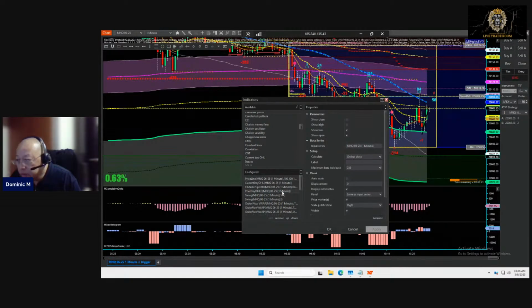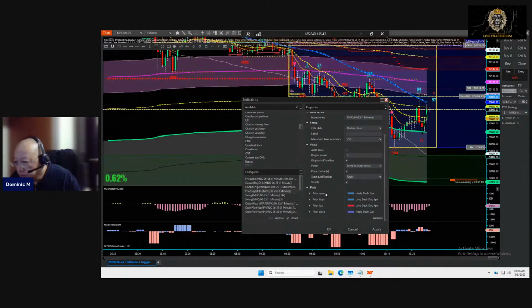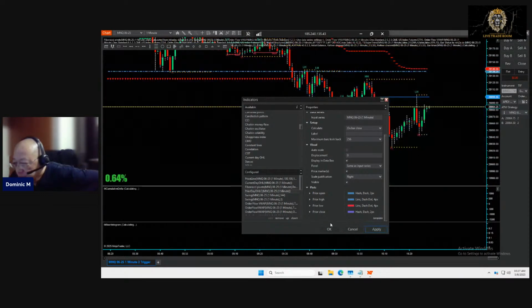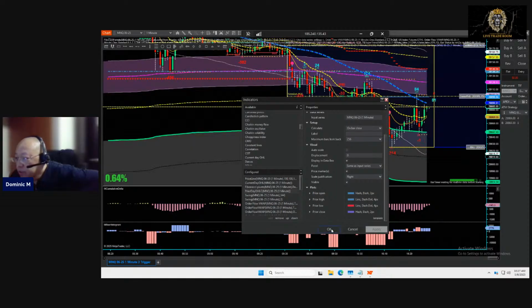Show high and low. Prior open high, prior open. Nope. High and low, that's all I needed. So we need those 4 dots. Okay, that's big enough. Apply. It should be okay. There we are.